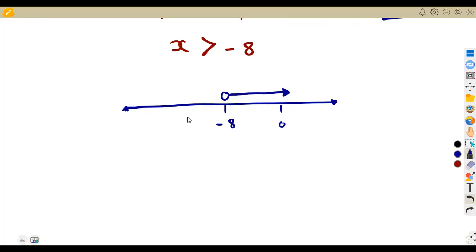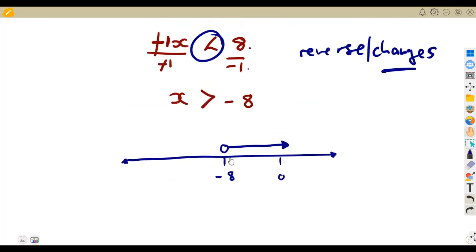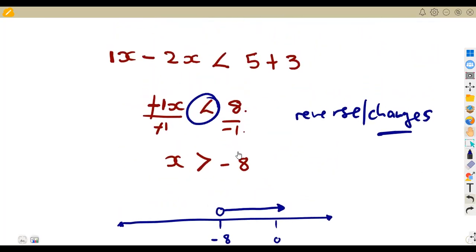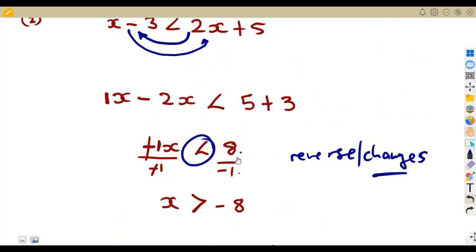The arrow shows us that the values are on the right side, up to infinity. They do not end. They are endless values: 0, 1, 2, 3, 4, 100, 1,000, 1 million. All these values are greater than -8. So that's the idea of the number line that you are presenting, all right?